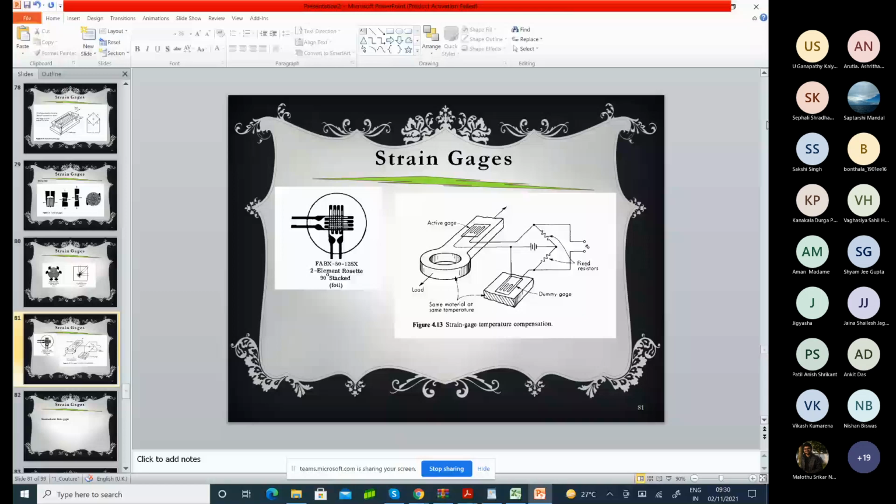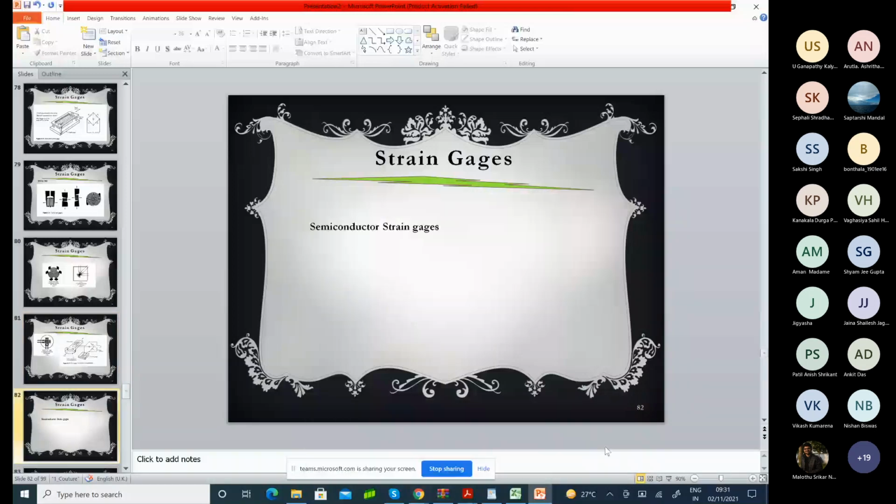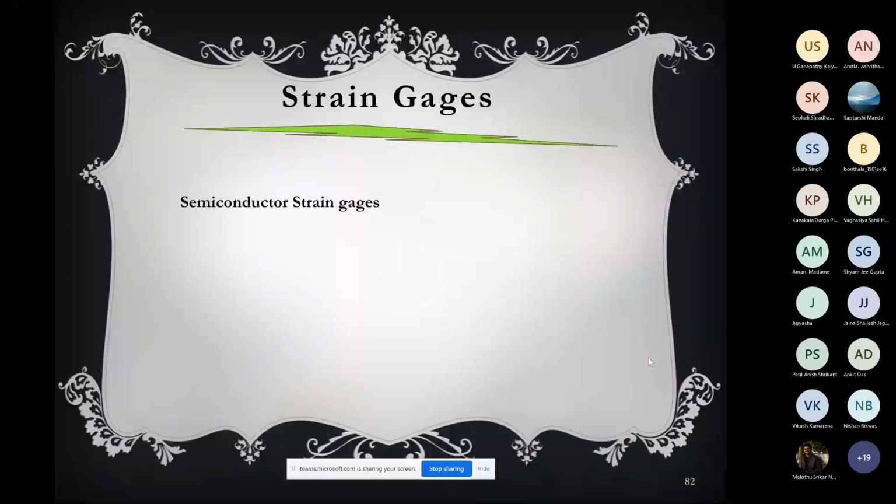So now let's move to the next, which is the semiconductor strain gauge. Let's recall your first slide where I gave some homework. I said that dR/R by dL/L will be equal to 1 plus 2 gamma plus something, which I said you can neglect as the resistivity of the metal is not going to change with the strain.